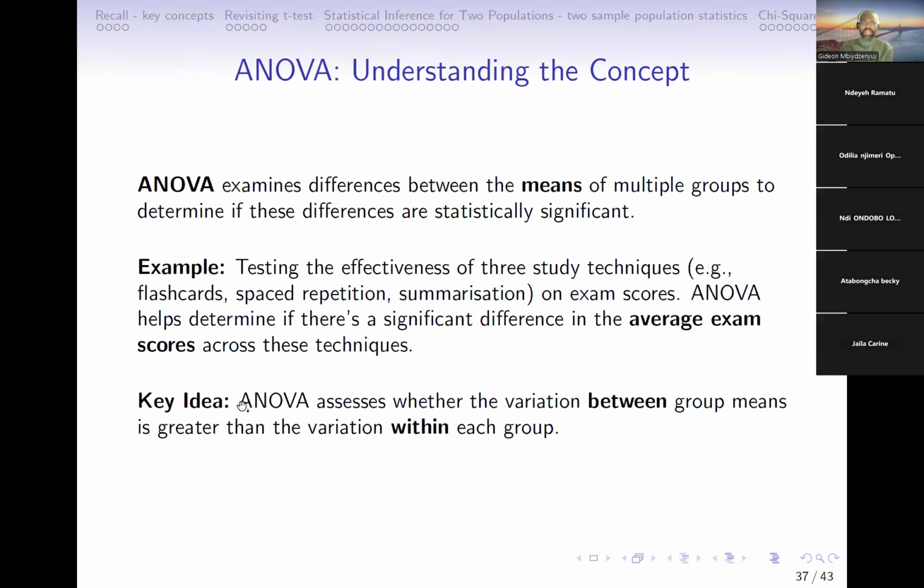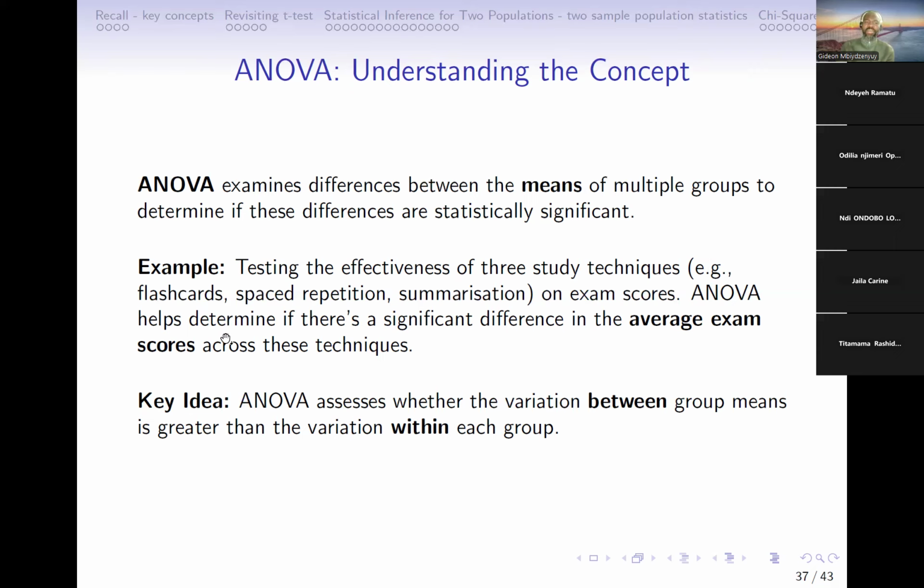So you examine the differences between means, as I've said. Let's look at another example, testing the effectiveness of 3 study techniques. In this case, the 3 study techniques give you more than just a single group: flashcards, which is basically using cardboard cards, I think you understand this better since you're doing education, spaced repetition, and summarization, measured on exam scores.